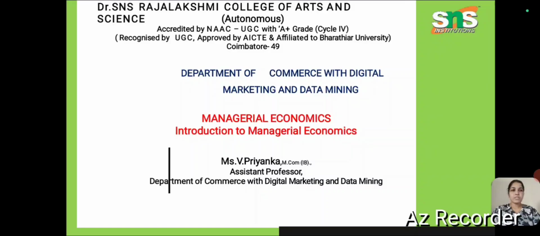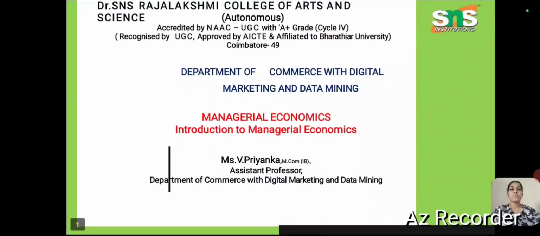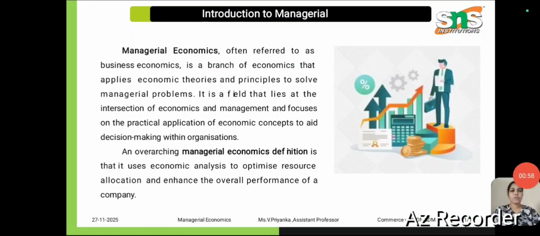It helps the managers to decide what to produce, how to produce, how many products to produce, and how to use resources effectively. When we are producing a product, first we must know what product we should produce, how much quantity we should produce, how much price to be fixed, and where to sell it.